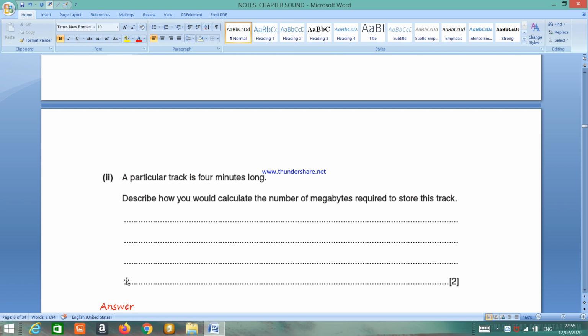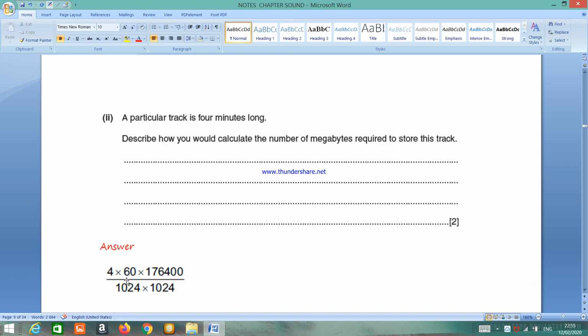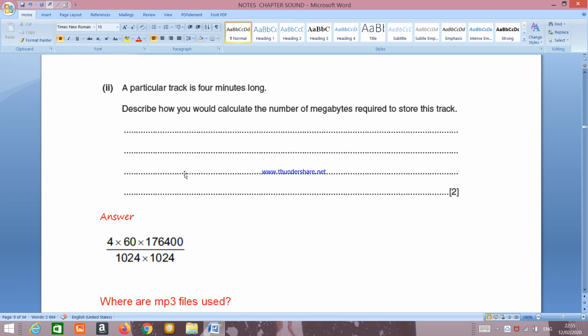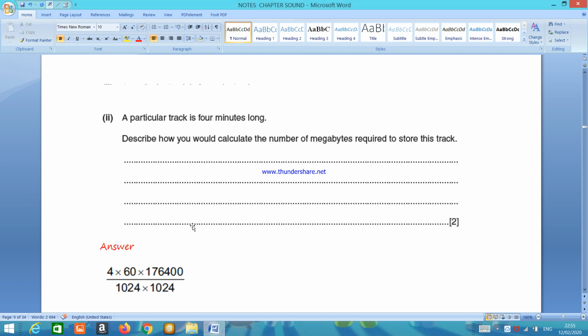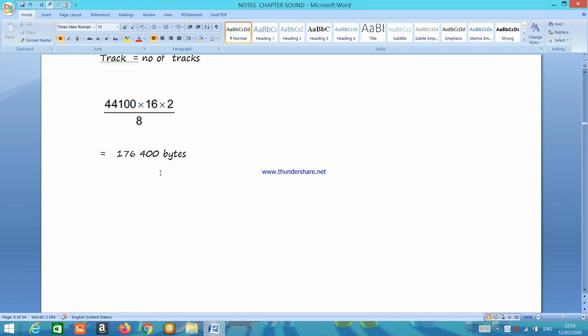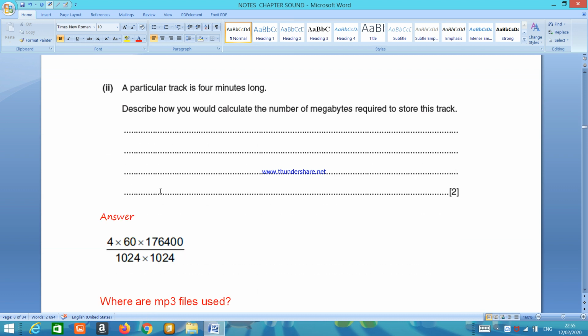Next, a particular track of 4 minutes. Describe how you calculate in megabytes the storage required for the sound. Now again, in this case, how long? We have 4 minutes. So 4 times 60 seconds, multiplied by the number of bytes, 176,400 bytes.